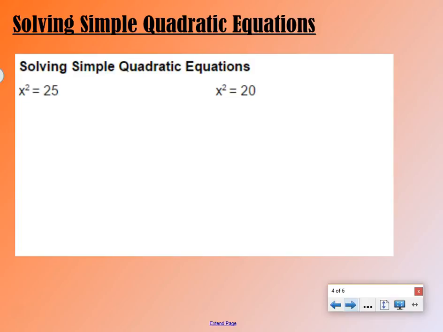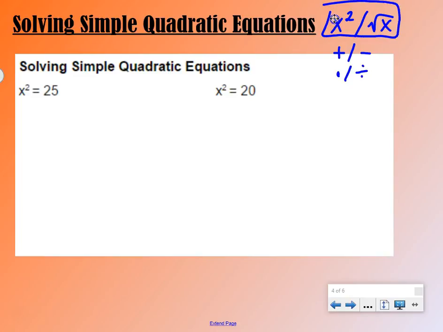Solving simple quadratic equations. We're going to use the relationship that the opposite of x squared is the square root of x. They have an opposite relation, just like addition and subtraction are opposites and multiplication and division are opposites, squaring and square roots are opposites. So x squared equals 25.